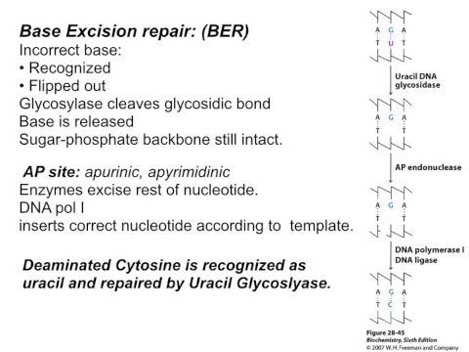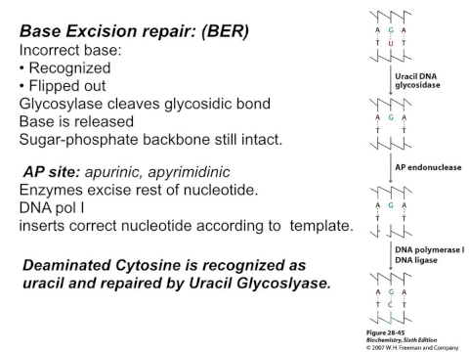It's going to cleave the glycosidic bond between the uracil base and the ribose sugar. The incorrect base is actually going to be flipped out, and the glycosidic bond is going to be cleaved. In this way, the base is released, but the sugar phosphate backbone is still intact. This results in what's called an AP site.